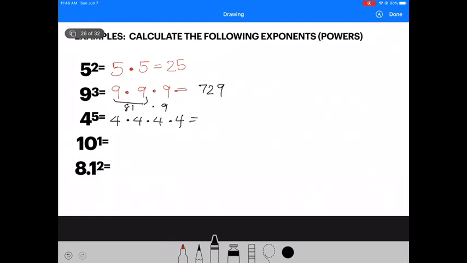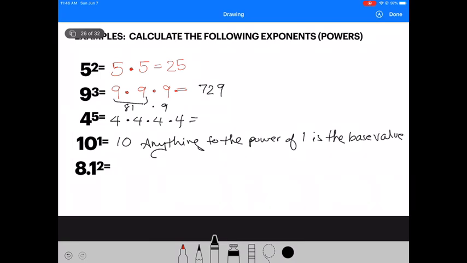10 to the power of 1, well, that's 10. Anything to the power of 1 is just that number. Anything to the power of 1 is the base value.